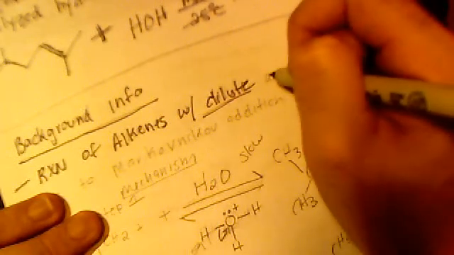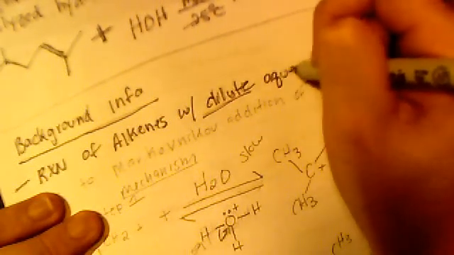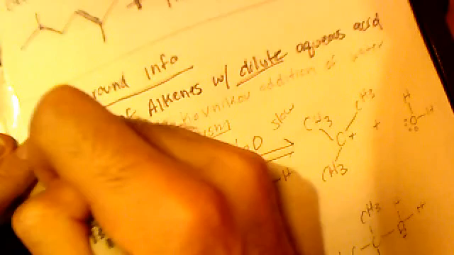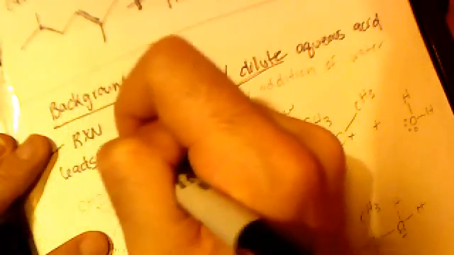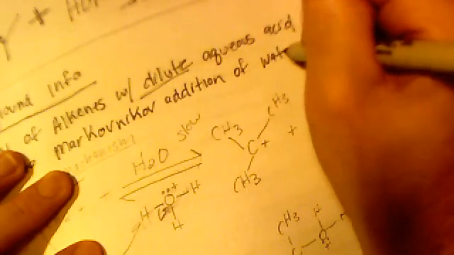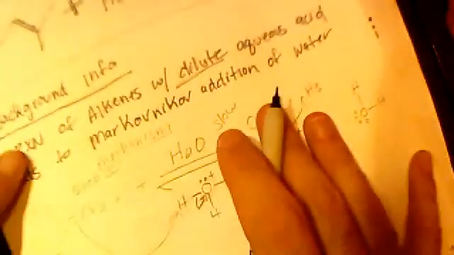So dilute aqueous acid, acid diluted with water, leads to Markovnikov addition of water. So let's do that mechanism.